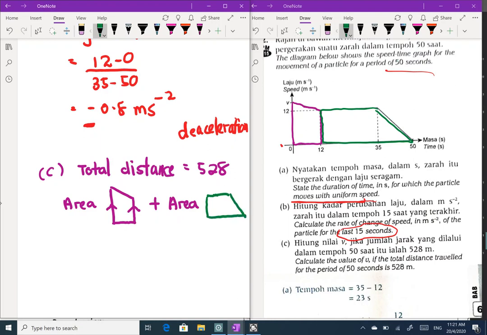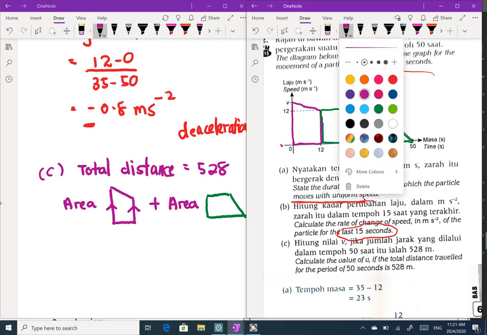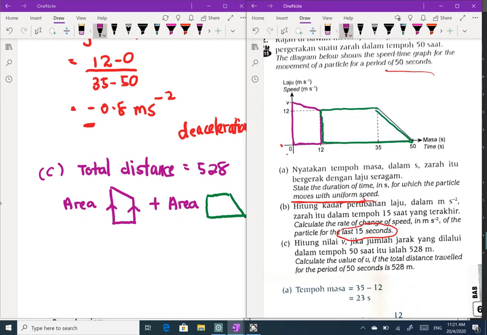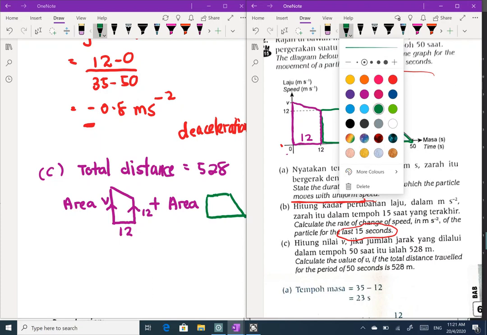So I want to know the distance for this one. The length for this one is 12. Okay, this one is 12. How about this one? This one is 12 also. How about this one? This one is V. Okay, we go and see the green color area.